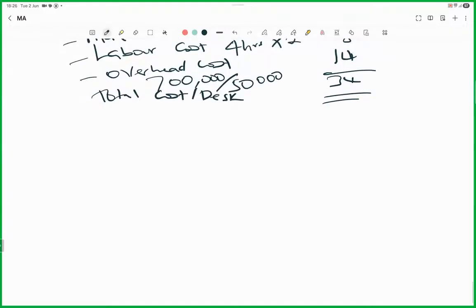You see, at the end of the day, overhead was a lump sum figure. We've been able to do what we call absorption.